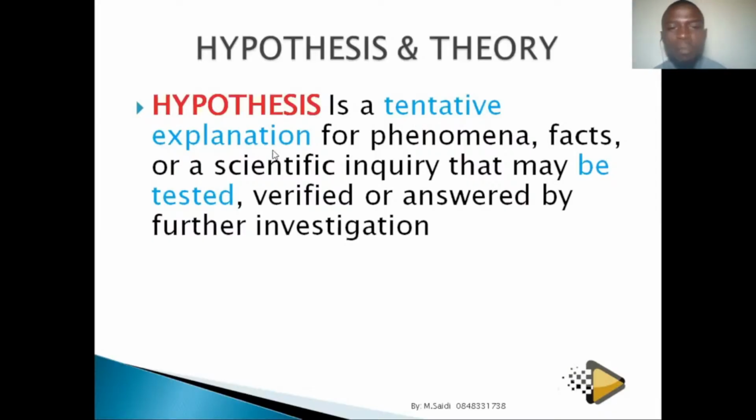It's a tentative explanation for a phenomenon or a scientific inquiry that may be tested, verified, or answered by further investigation. It is not permanent, it must be an explanation, and it must be testable. Basically, that's what we need.